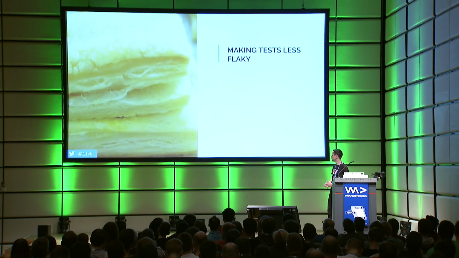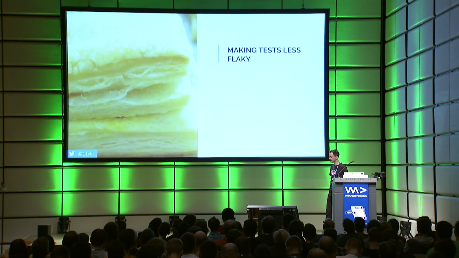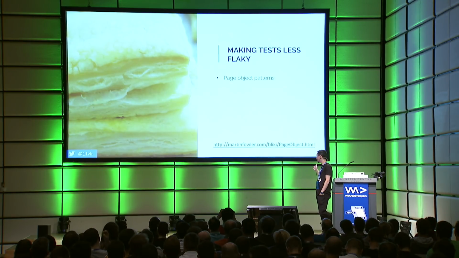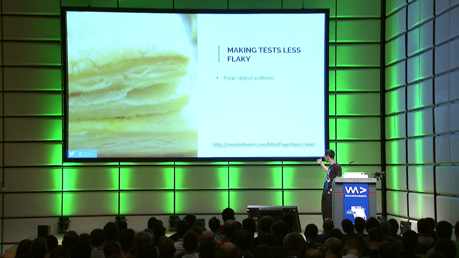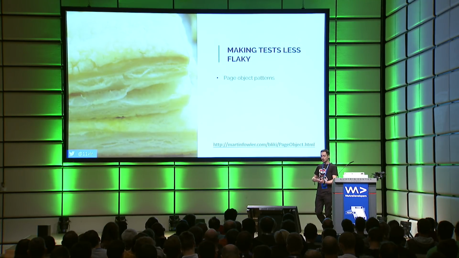So when it comes to UI testing, there are a few things that you can try to make your tests less flaky. I'm not going to try and explain better than Martin Fowler, but it's a really good blog post if you're interested to find more. It's basically the page object pattern, and it's going to help with maintainability.